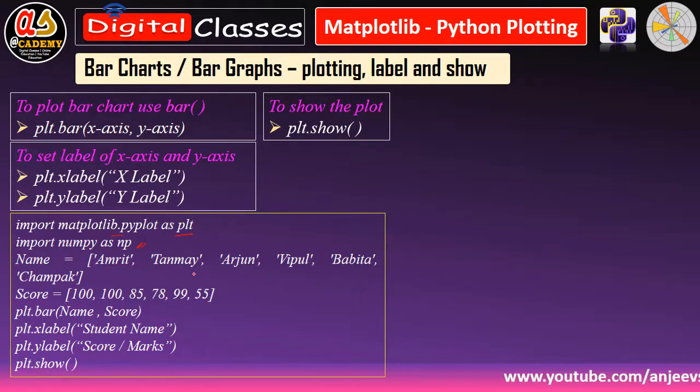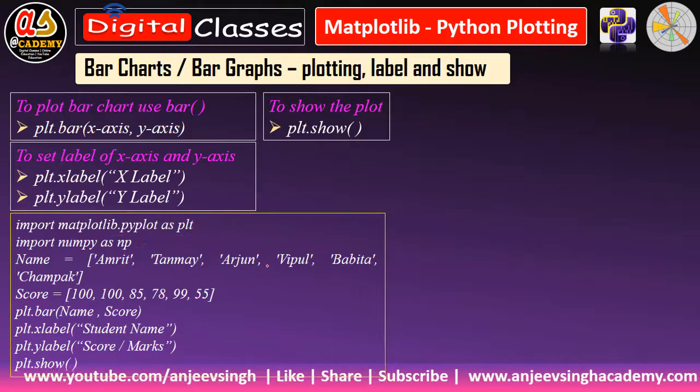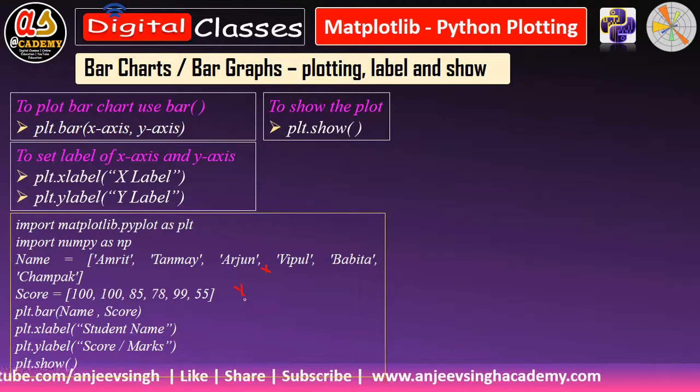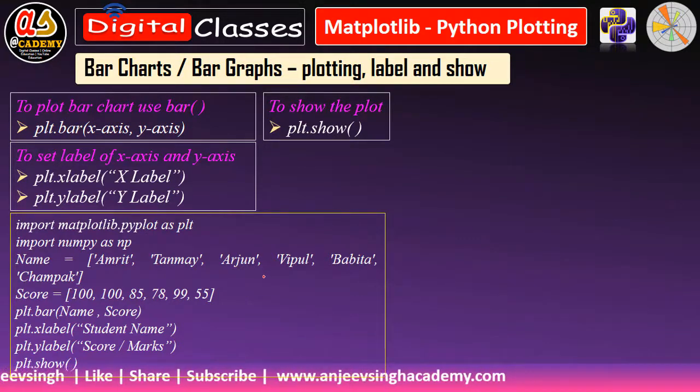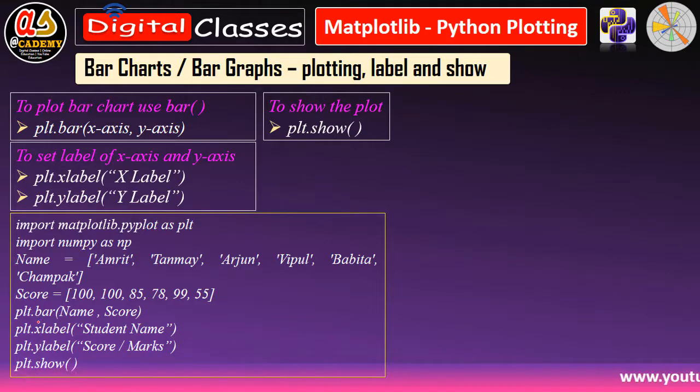This is the name of the students and this is the score scored by the student: 100, 185, 78, 99, 55, like this. Now this is your data. This is your x-axis and these are your y-axis values. So you have created the two sequences here, x-axis and y-axis. Later on you have to call the bar method.